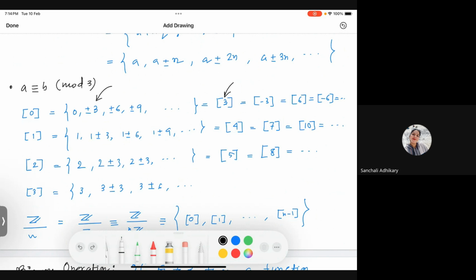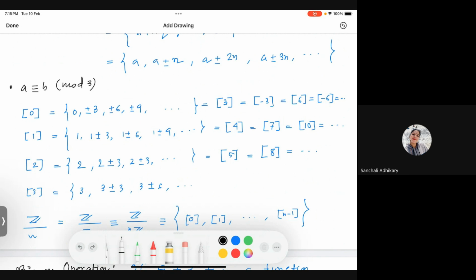If you choose any element from this set and find the class of that element, it will be equal to class of 0. Also, for mod 3 there are exactly 3 distinct classes. Am I right?